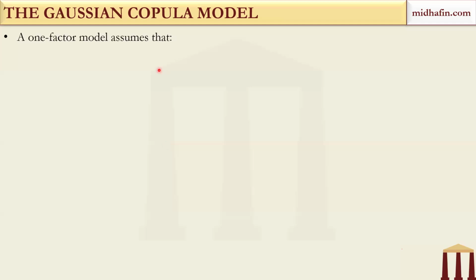So it assumes that Ui is a combination of two parts. The first part is ai multiplied by F, and the second part is the square root of 1 minus ai squared multiplied by Zi. What does the model assume these are?